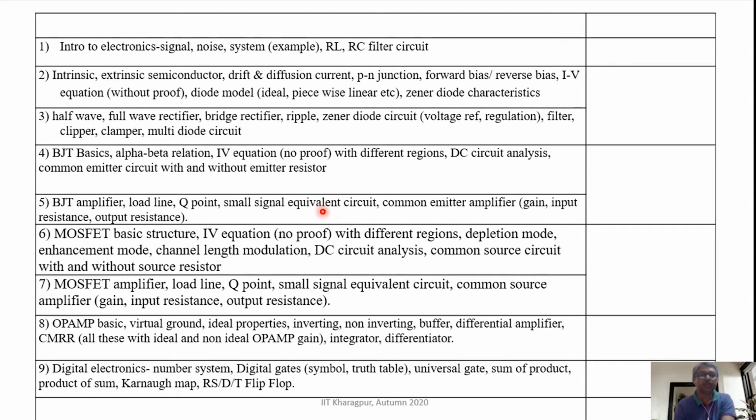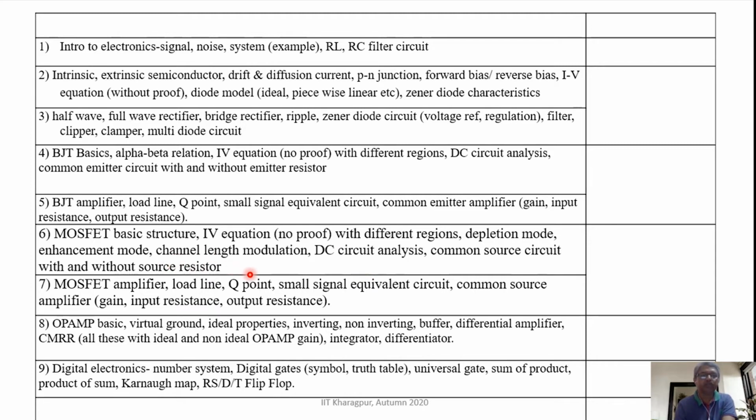Then we will move to discuss MOSFET. MOSFET is metal oxide semiconductor field effect transistor. We will discuss basic structure of MOSFET and its operation. We will see the DC circuit analysis, particularly common source circuit, with and without resistor.